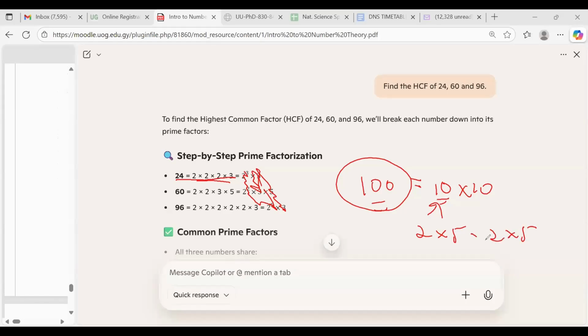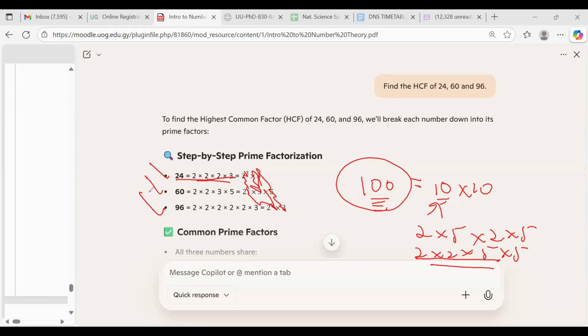So you can arrange it as 2 by 2 by 5 by 5. You have to practice writing any number as a product of its prime factors. Learn how to do that.